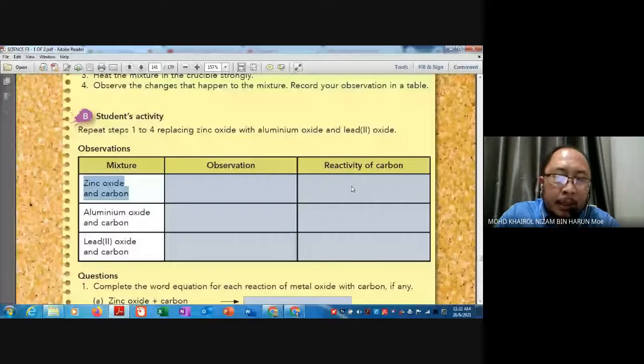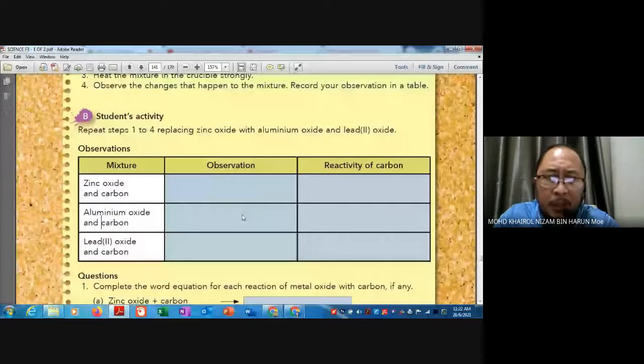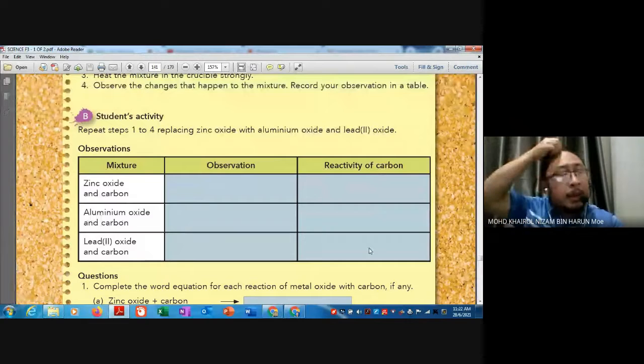Same here, if with carbon and aluminum oxide we observe that the reaction occurs, we can say that carbon is more reactive than aluminum, for example only. And same thing with the third mixture. If there is a reaction with lead(II) oxide, we can say that carbon is more reactive than the metal itself.